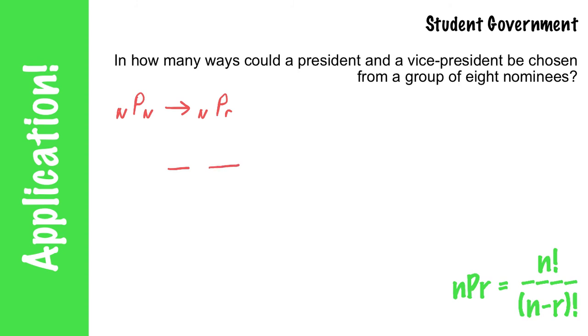So here, out of 8, the president could be chosen 8 different ways, but once you've chosen the president, then you would choose your vice president only 7 different ways because you've used up one of your people. So instead of 8P8, which uses all of the people, we're only using 2. So in this case, we use the format 8P2, which means, in this case, 8 times 7, which of course is 56.